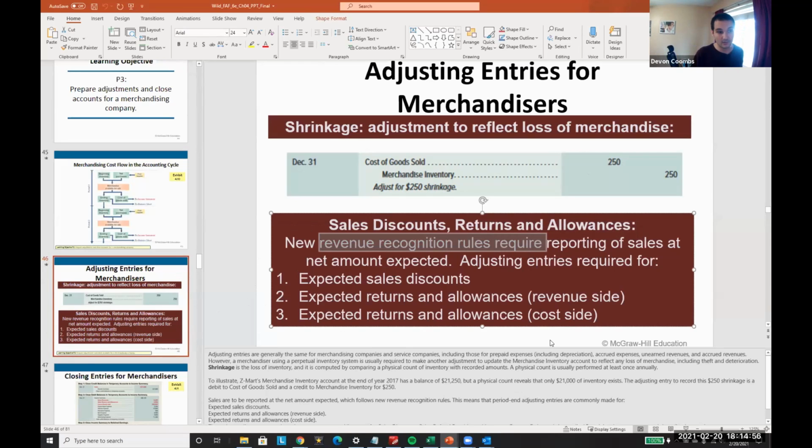So new revenue recognition rules require the sales. This is my area of expertise, and it's just important to know here that revenue is an extremely complex and extremely high risk area for accounting. Anytime you look at stocks, people talk about earnings per share. Earnings per share is based off revenue.